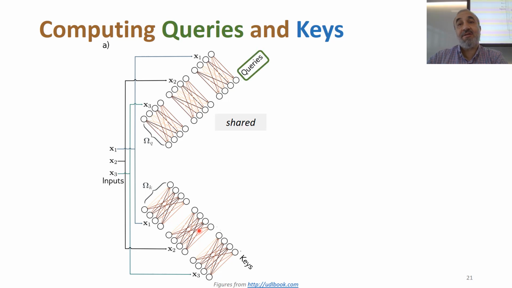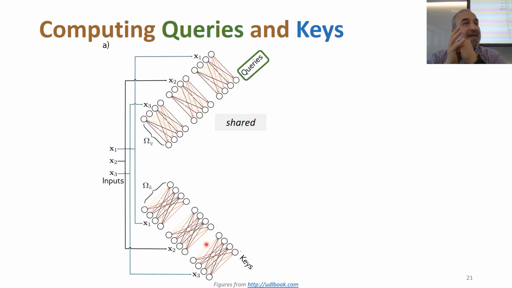But again, they are shared. The weight matrix for the queries is shared among all words, and the weight matrix for keys is shared among all words, exactly like what we saw in the values, except that these are three different computations.